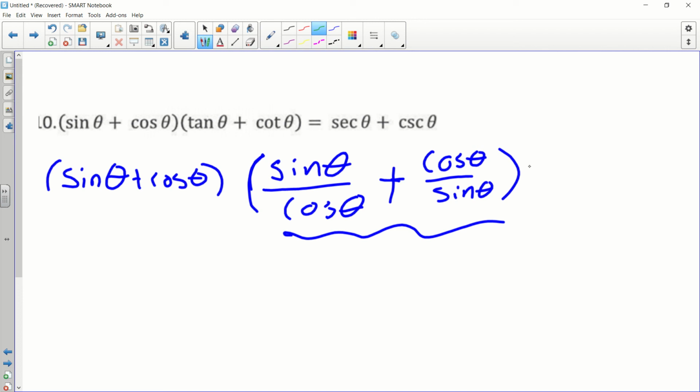So I'm going to multiply this one on the right by cosine over cosine, and this one on the left by sine over sine.